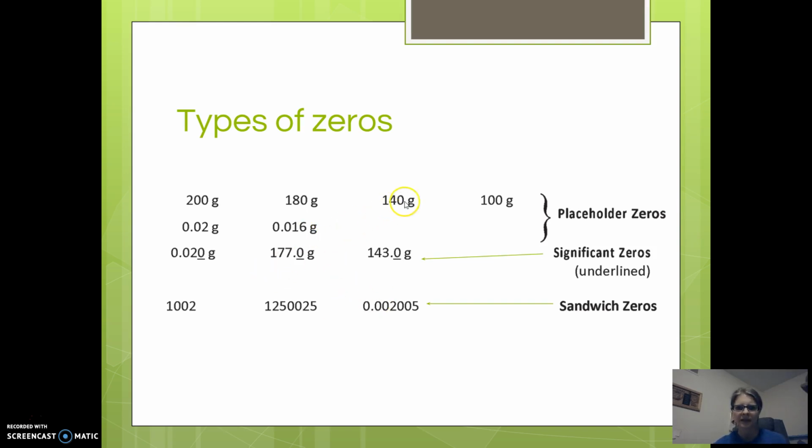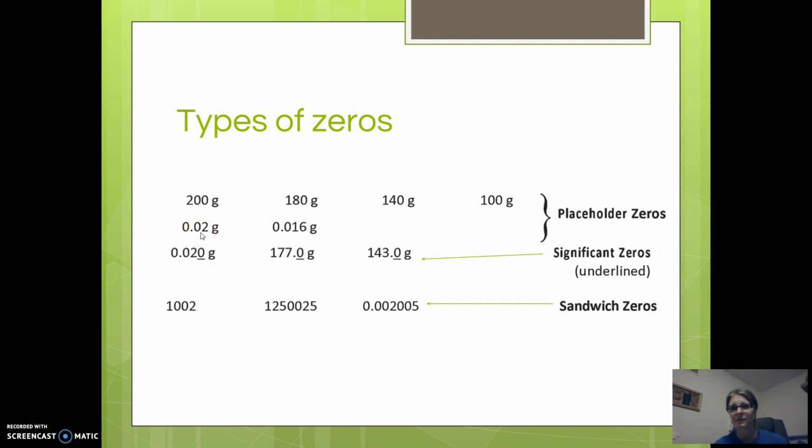So these placeholder zeros, like this 0 right here, would not be considered a Sig Fig. It would be considered a placeholder 0. This 0 on the 140 grams isn't a Sig Fig, it's a placeholder 0. So if I were to count how many Sig Figs are in 140, I would say there are 2 Sig Figs in 140. Taking a look at this 0.02, there's only 1 Sig Fig in this number.